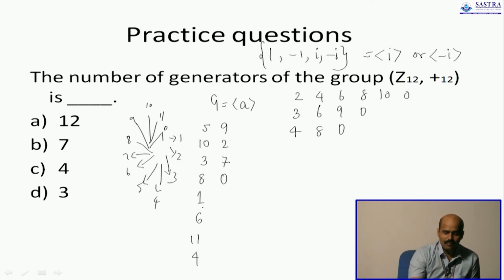Now you see that you have 1, 2, 3, 4, 5, 6, 7, 8, 9, 10, 11 and 12, which is 0.